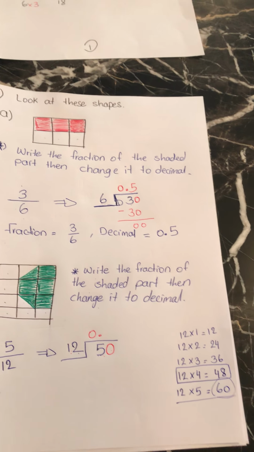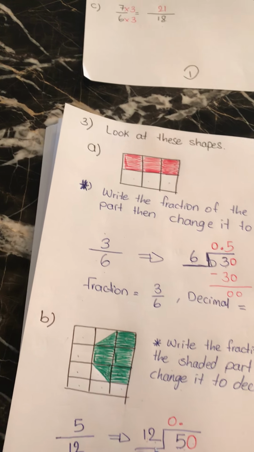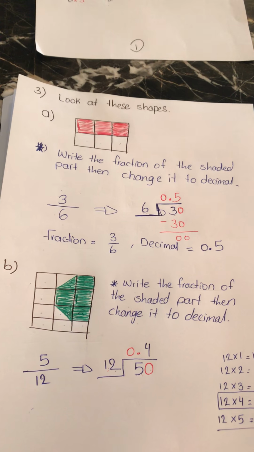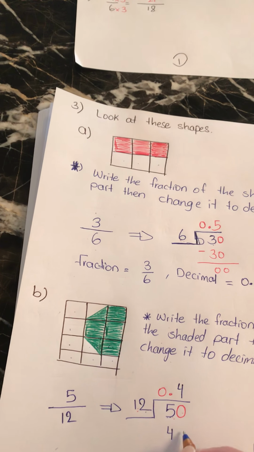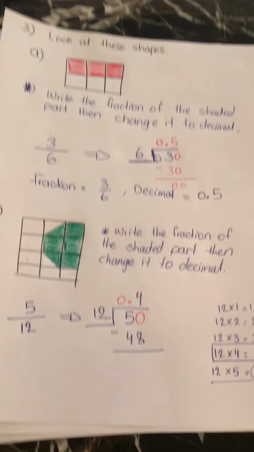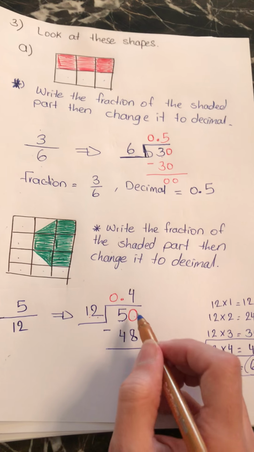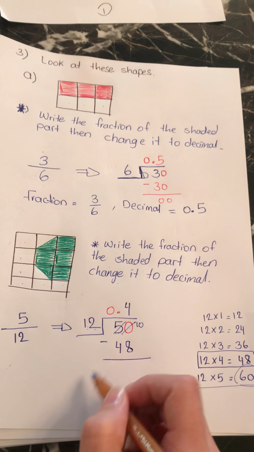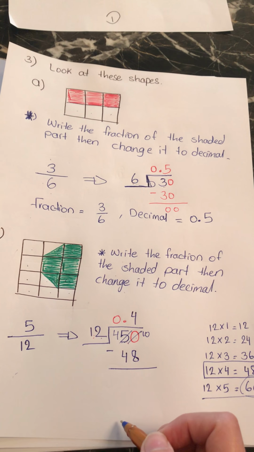Okay? So I have 4 here. 4 times 12 is 48. Now I will minus this one. 0 will be 10 and the 5 will be 4.